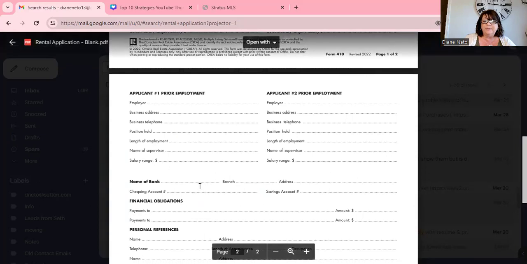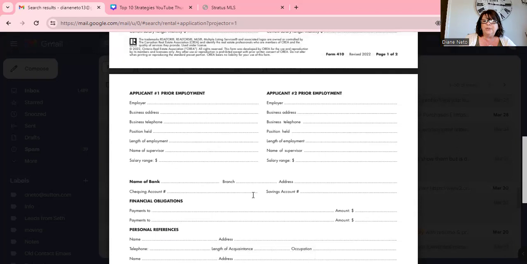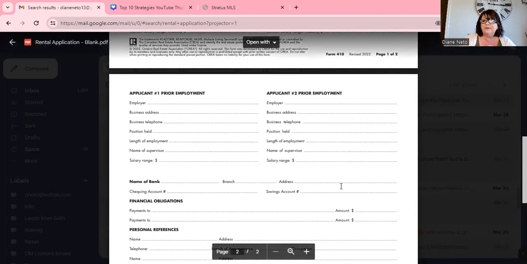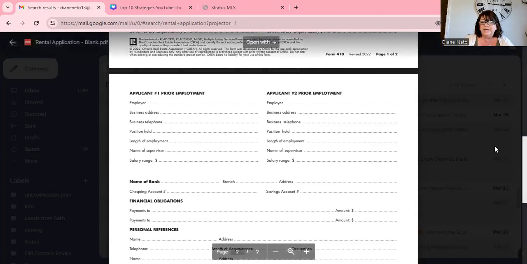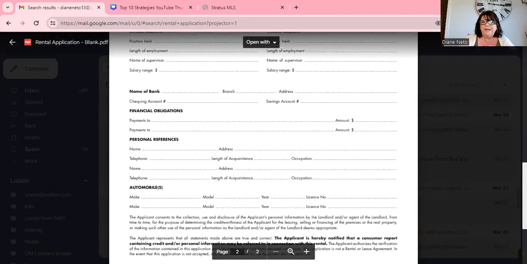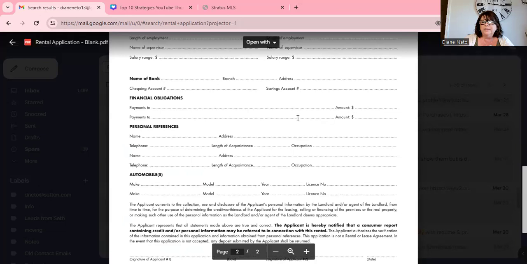Now you can put the name of the bank. You don't have to put your checking account number and savings account number. I wouldn't give them that information when I actually haven't been accepted yet. If you have a car payment or a big Visa payment, you put in the financial obligations every month.